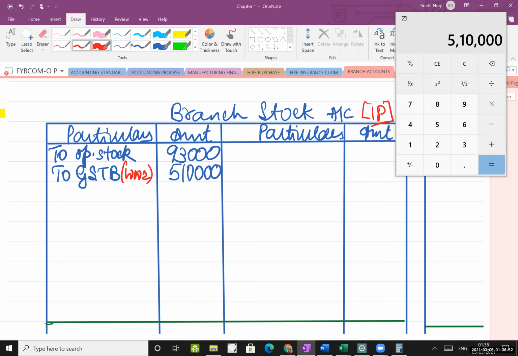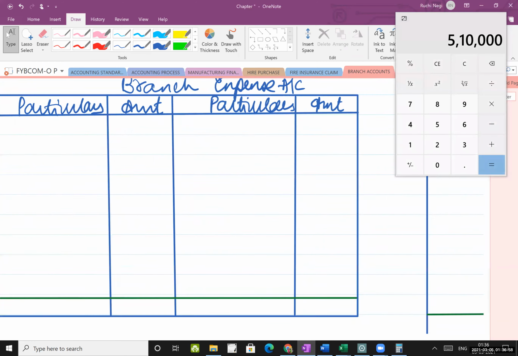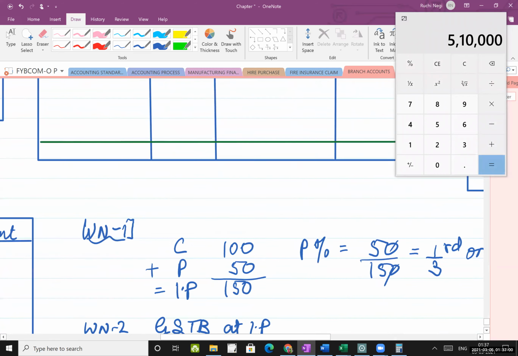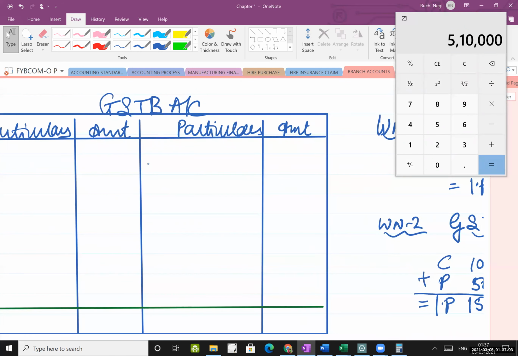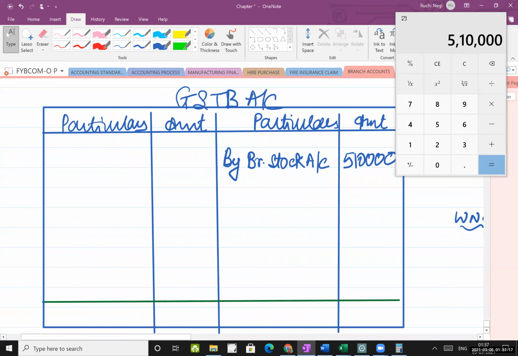And obviously its second effect will come in the goods sent to branch account. We'll make a goods sent to branch account, and in it on the opposite side, by branch stock account, 5 lakh 10,000. Now calculate the loading for it, by branch stock adjustment account. How will you calculate this?